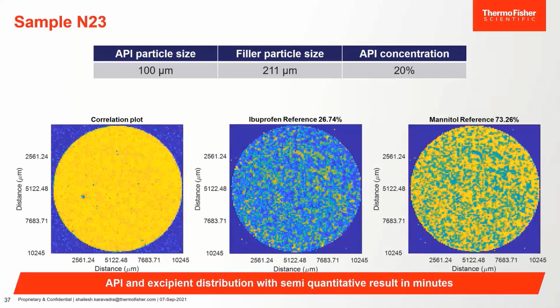Here in this plot, figure one shows the correlation between the calculated linear combination and the actual spectrum. Since we collected a square area and the tablet was round, it was clear that correlation was lower in the corners of the tablet.